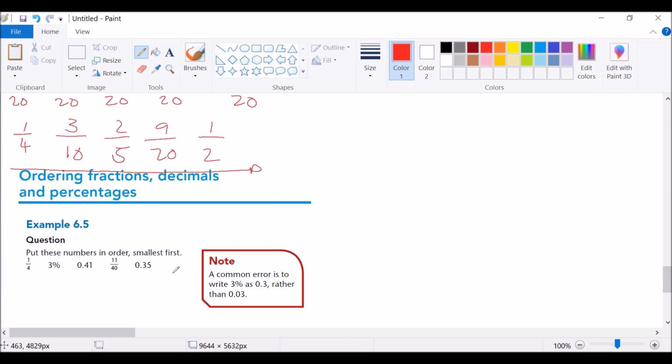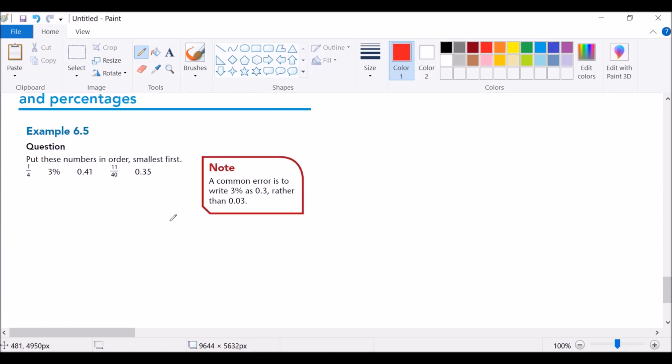So it's a combination of fractions, decimals, and percentages. So we might want to express them all in one form. The easiest form is the fraction form with the same denominator. So first we convert all these to fractions.